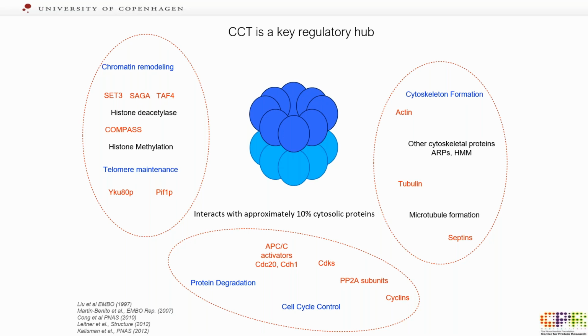That's the reason why, as a key regulatory hub, the mechanism of CCT is really important to reveal, not only the folding process, but also hints on how to interfere with and inhibit the folding of specific substrates.